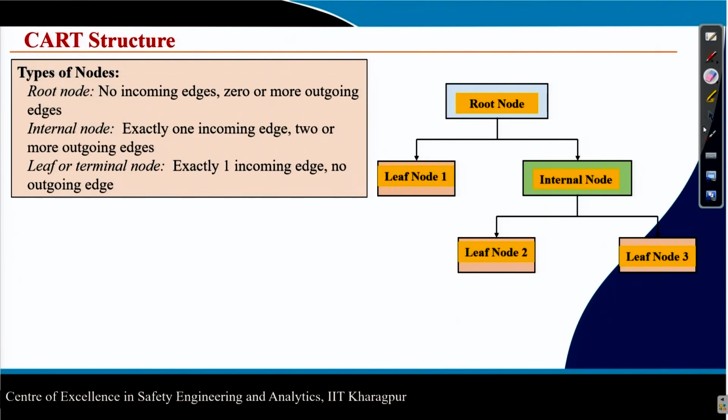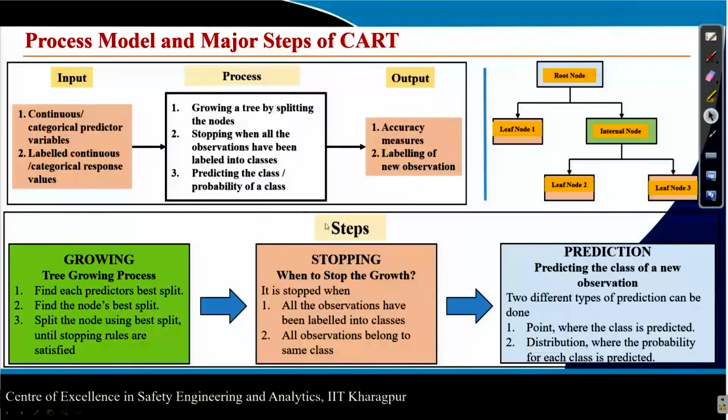With this graphical information, let us go to the next slide, where we discuss in detail the conceptual model of CART, or I can say the process model of CART. You have already seen this particular diagram in the last slide. This tree you have seen.